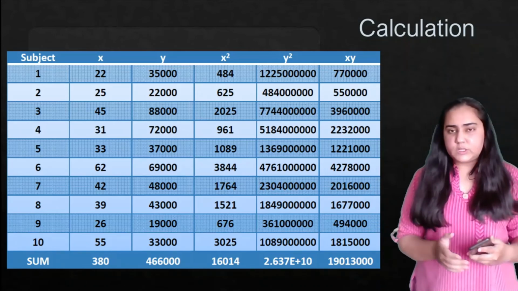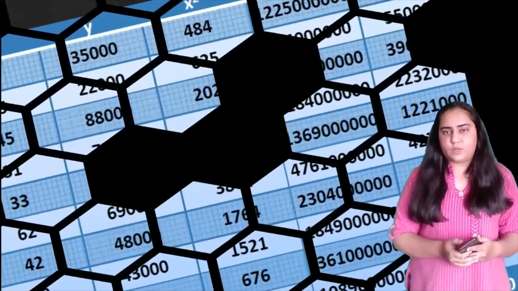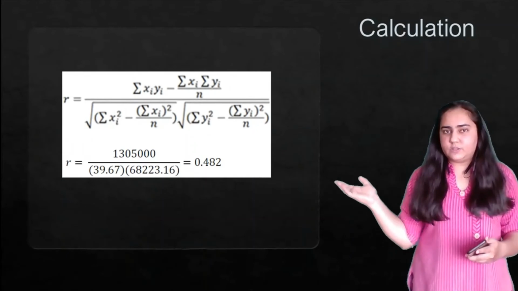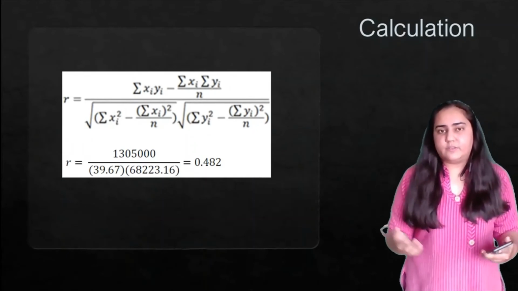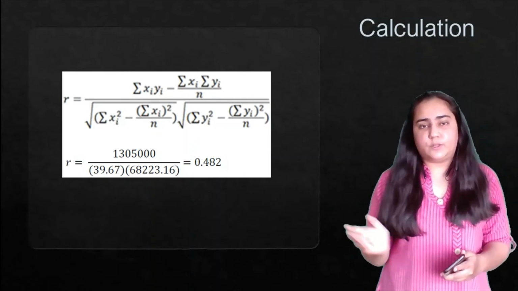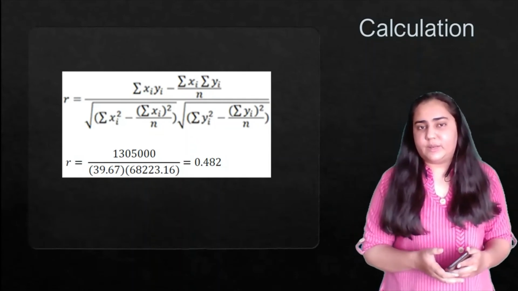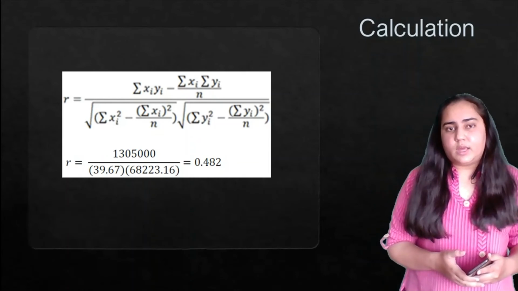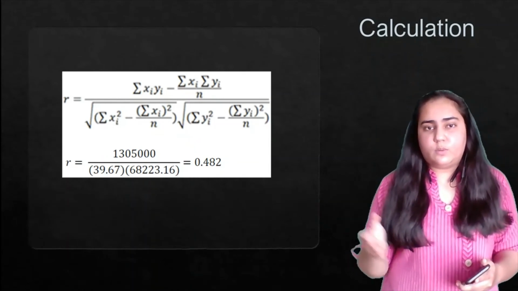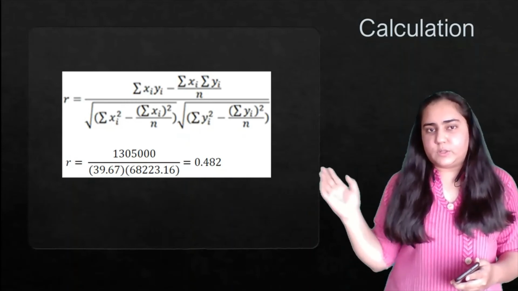And now you just need to recall the formula that we had and simply use this formula and put in all the values. We have already calculated everything necessary for this formula to work. So we just need to place all those values now. The topmost thing would be 1305000, as you can see.